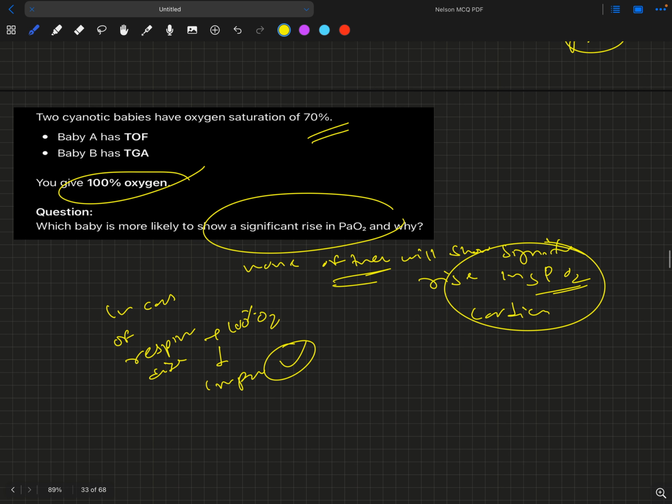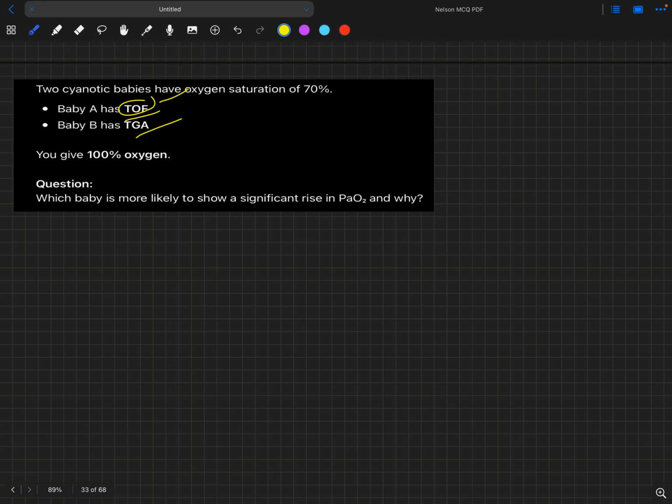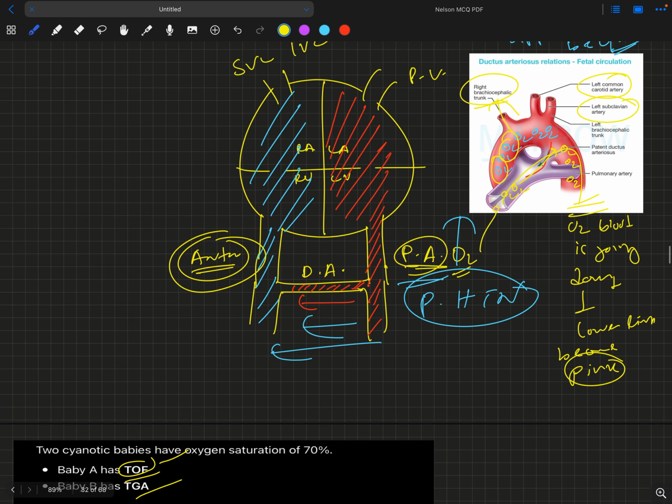Now, even if there is no improvement among these two, tetralogy of Fallot or TGA, who will improve more or less? This is the question here. Both will not show significant improvement, but who will improve just a little bit? The baby with TOF will improve. Why? Because, so this is the TGA baby.